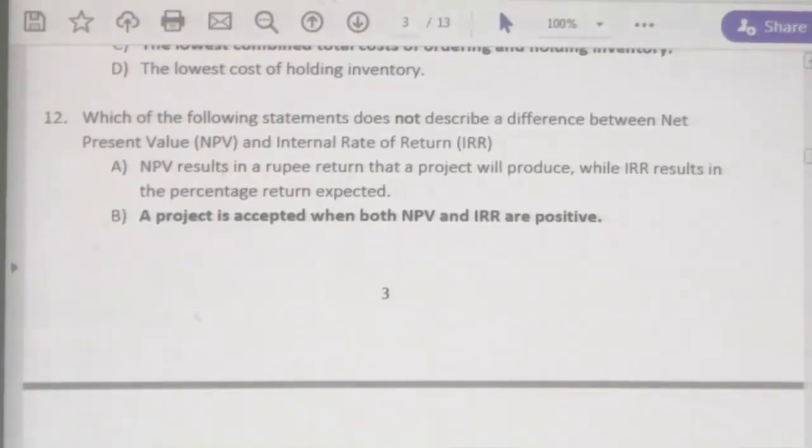NPV is trying to find out the net cash flow from the present value perspective, right? You know, a project is an activity going more than 1 year. Let's say 5 years. During this 5-year period from today, you will incur different costs, the relevant costs, and you will generate revenue.